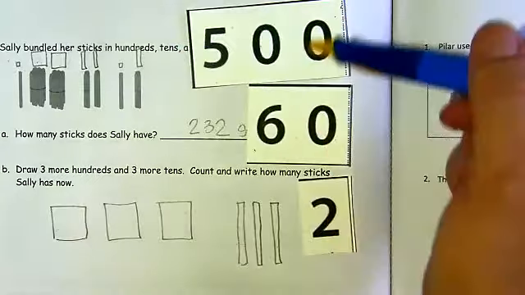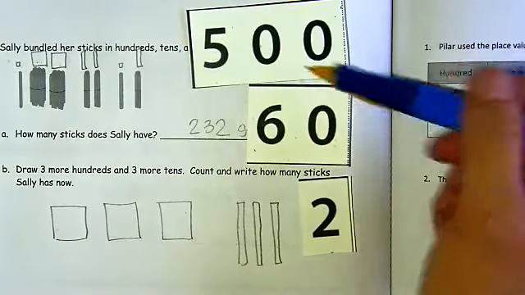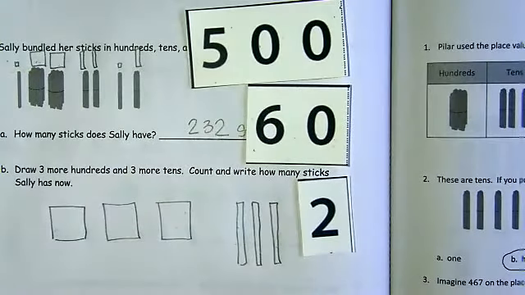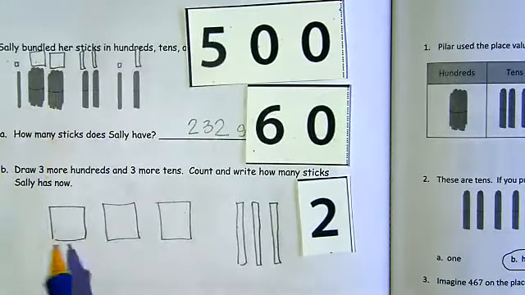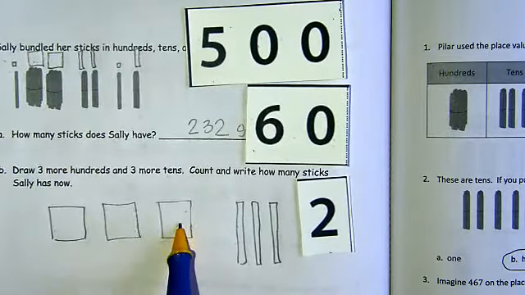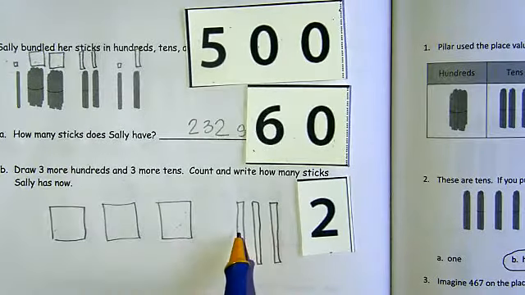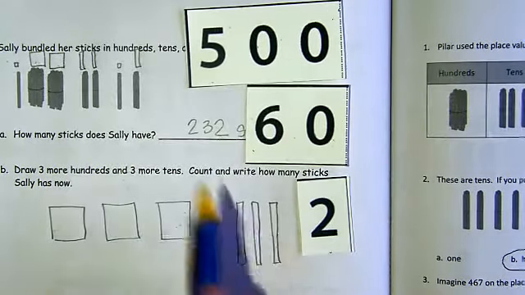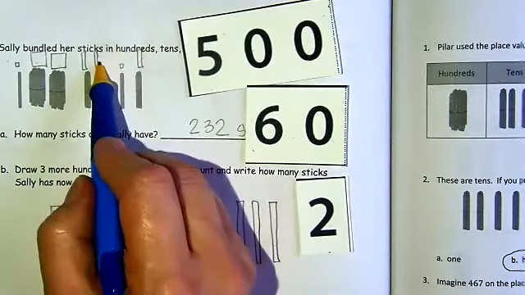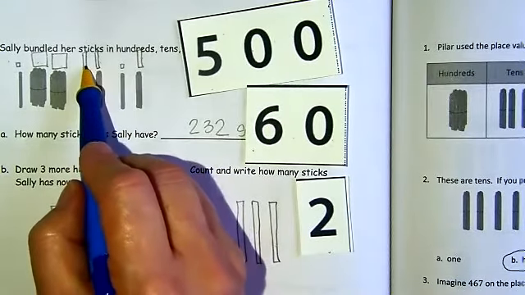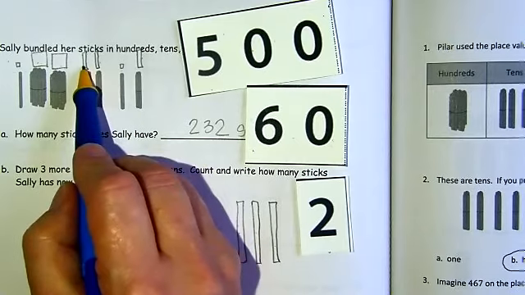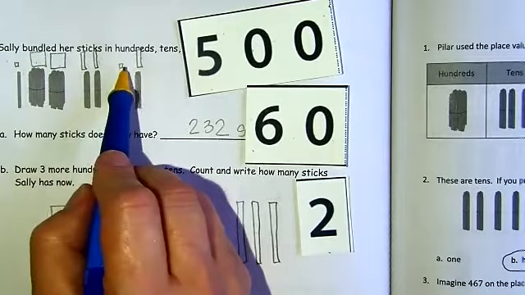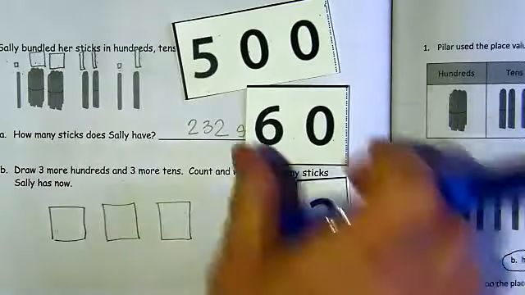So we have 562, and we could count up 100, 200, 300, 400, 500, 510, 520, 530, 540, 550, 560, and then counting on ones, 561, 562.